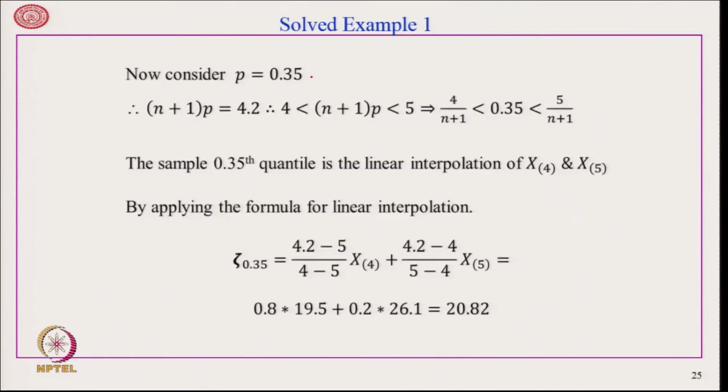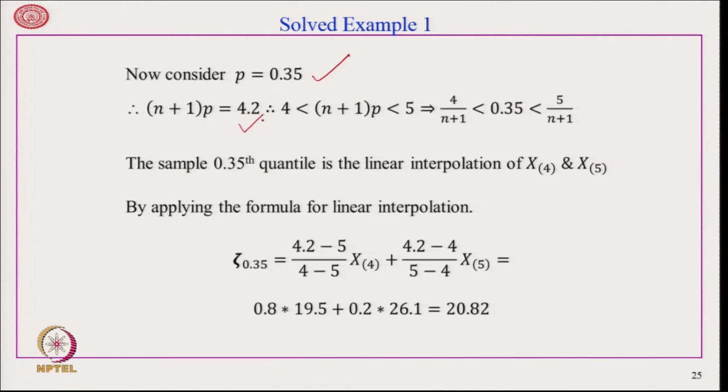Now, let us consider p is equal to 0.35. Therefore, n plus 1 p is equal to 12 times 0.35, which comes out to be 4.2, because n plus 1 is equal to 12.